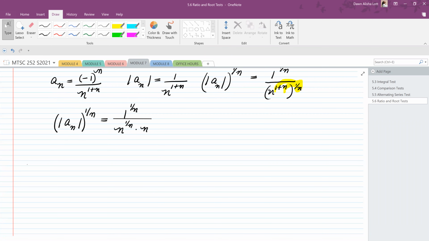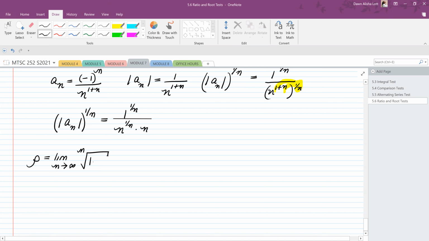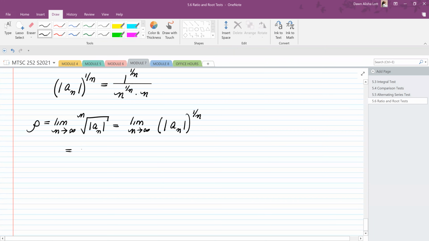So rho is the limit as n approaches infinity of the nth root of the absolute value of a_n. That's the same as the limit as n approaches infinity of the absolute value of a_n to the 1 over n power. So that's the limit as n approaches infinity of 1 to the 1 over n divided by n to the 1 over n times n.